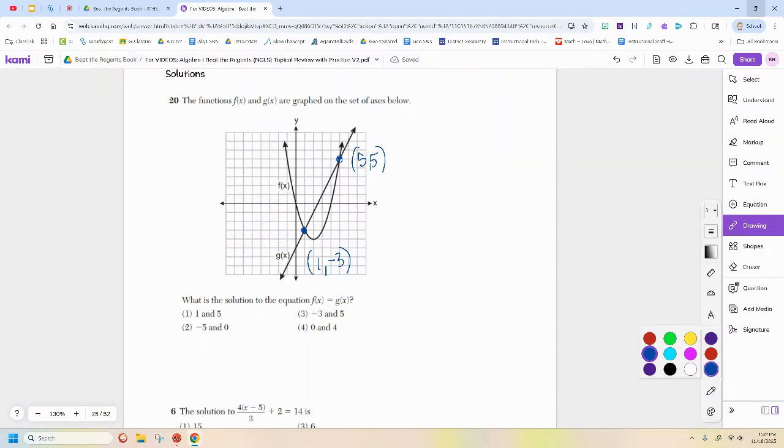It is the x values, because when I do f of 1, I get -3, and when I do g of 1, I get -3. f of 1 equals g of 1. So it's the x values of the points of intersection. So let's look. We want a 1 and a 5. That is choice number 1.